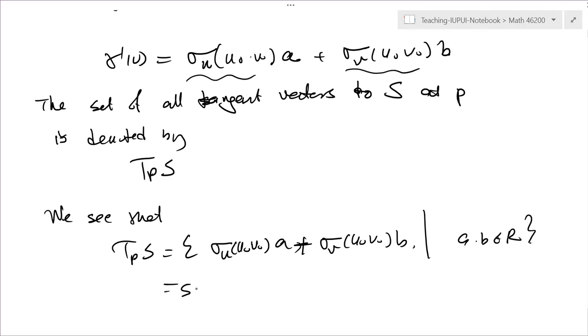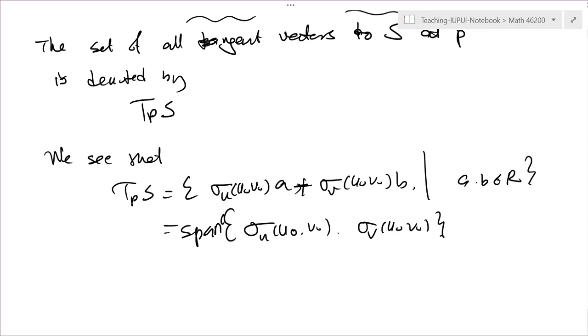So sometimes we just simply say it's spanned by these two vectors. All right, so this is how we describe the tangent space. This is called the tangent space, and this is a two-dimensional space, right? The dimension of T_P S, it is a vector space.